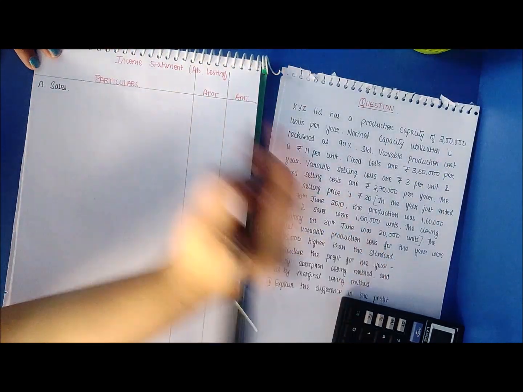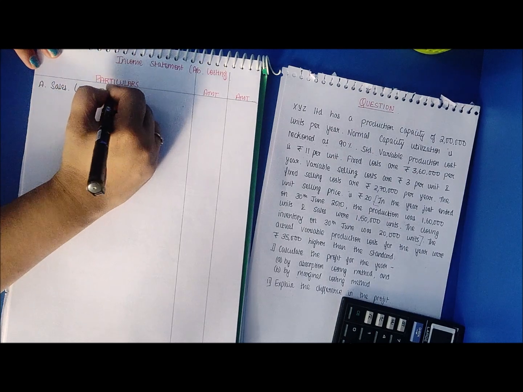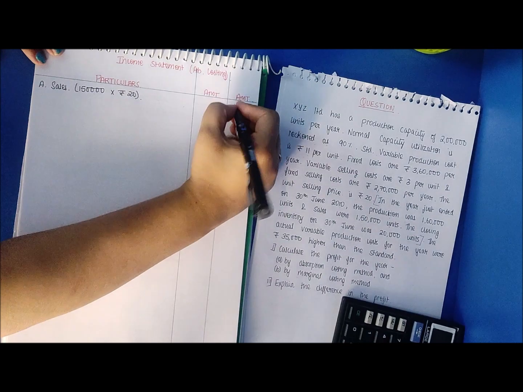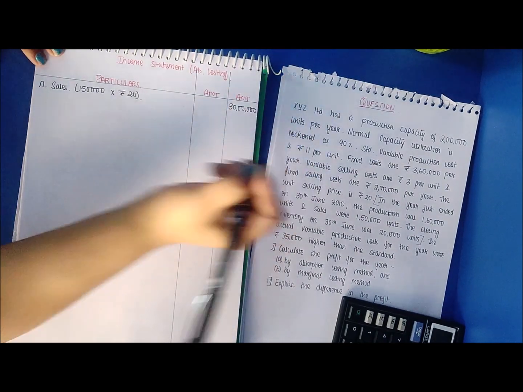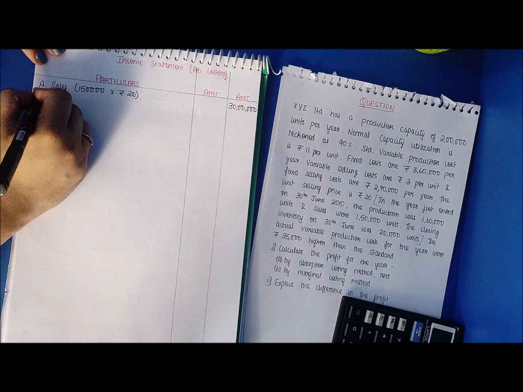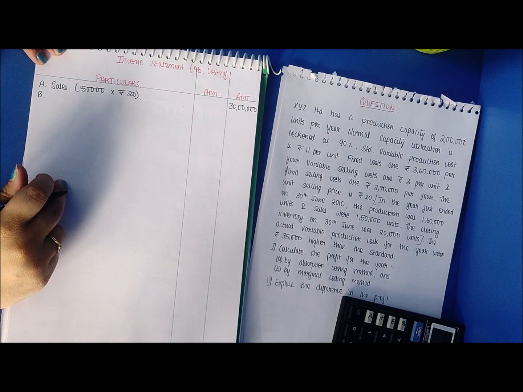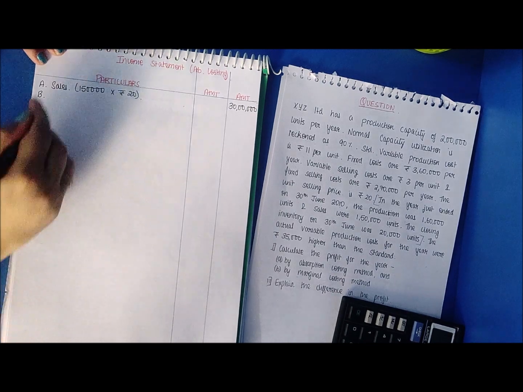Sales, what is given to us? 1,50,000 units into rupees 20. So that will be rupees 30 lakhs in the outer column. Then from sales, if I minus cost of goods sold, what I will get is my gross profit.